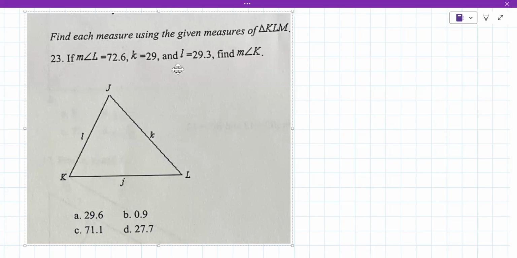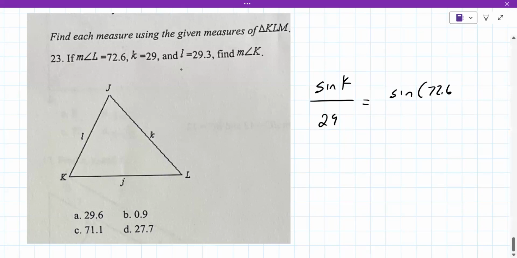Is it C? Okay, did you get an exact answer or was it close enough and you just estimated that? Estimated. Okay. Did you use law of sines or law of cosines here? Law of sines. Law of sines, good. So I always like to put the thing that you're trying to find, the sine of k, over, in this case, little k, 29, equals sine of 72.6 over L, which is 29.3.